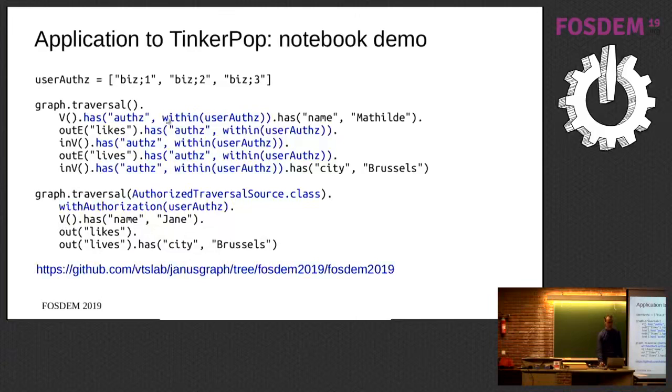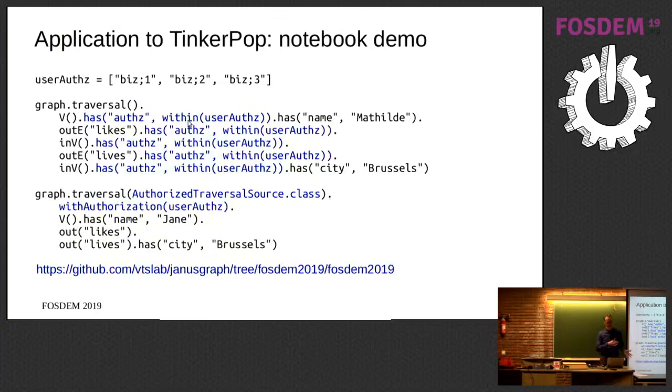And you see, while you traverse the graph with out and in steps, at each step when you go in the graph, you have to filter the user authorizations against the authorization property of the vertex or the edge. So this becomes very tedious, and it is also error prone, of course. And it is also possible to obfuscate the code so that some filterings maybe are not visible anymore.